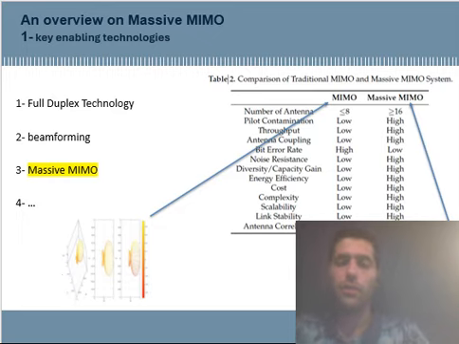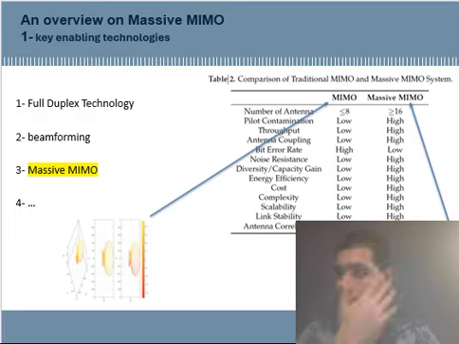The other advantages of massive MIMO compared to traditional MIMO are that it has high throughput, a high level of scalability, high level of link stability, and so on and so forth. And you can see the other advantages in the table if you wish.